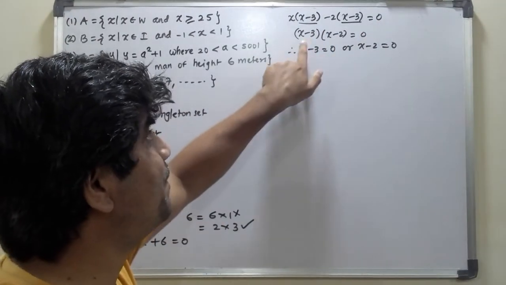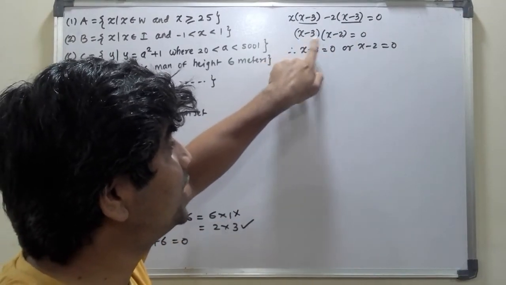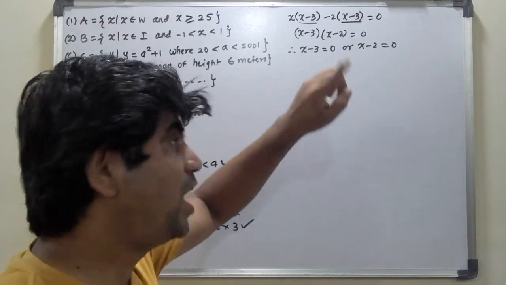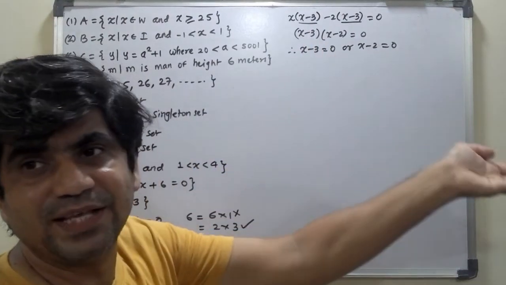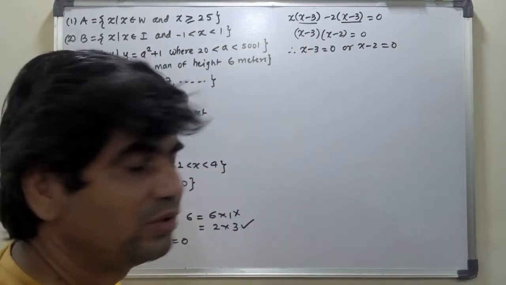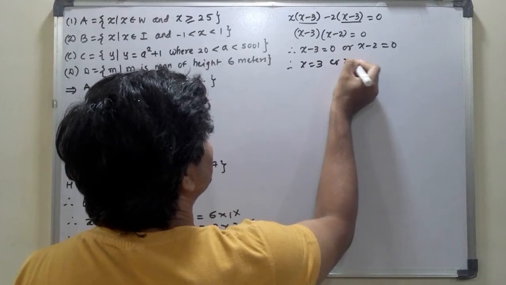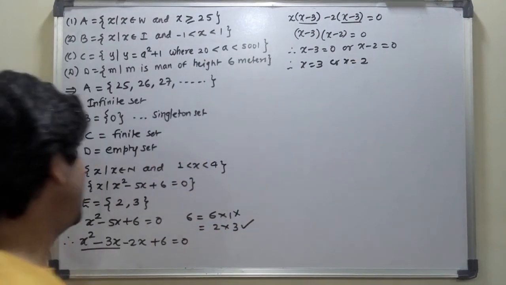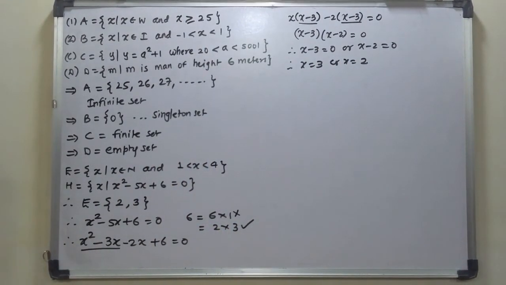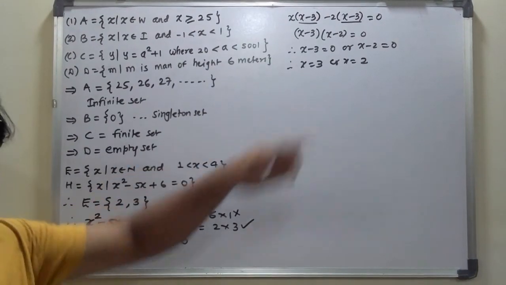Means it is one number multiplied by another number giving 0. That means either both the numbers must be 0 or any non-zero number multiplied by 0 is equal to 0. So obviously this can be 0, this can be 0. So x is equal to 3 or x is equal to 2. That means the x values which satisfy this equation are 2 and 3.